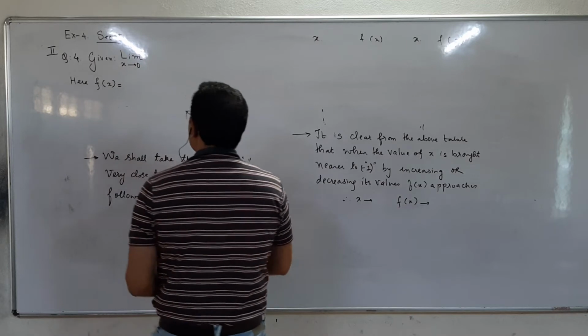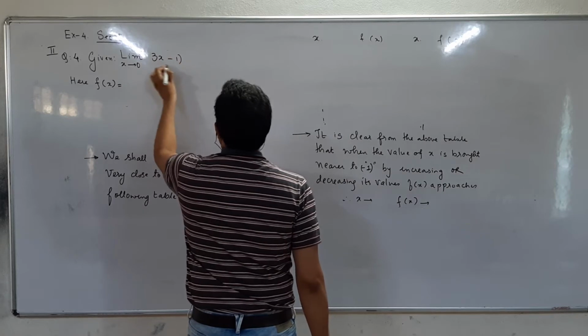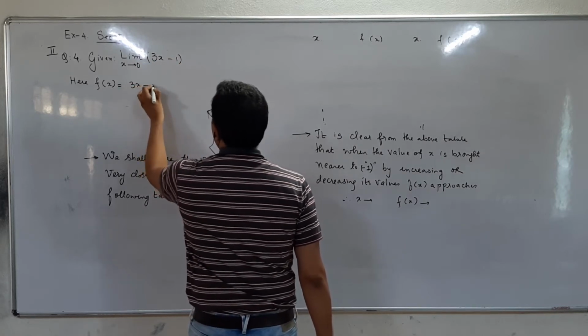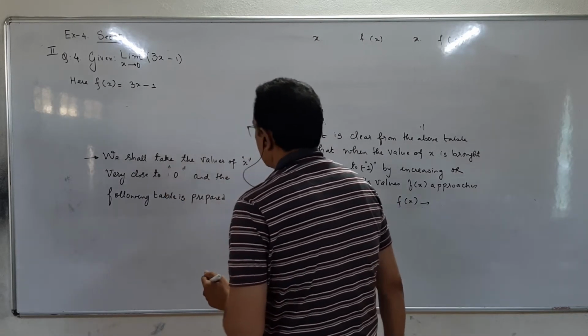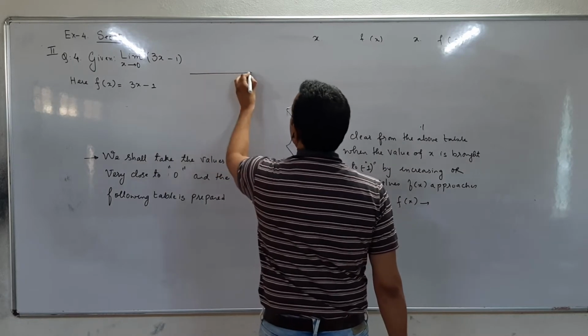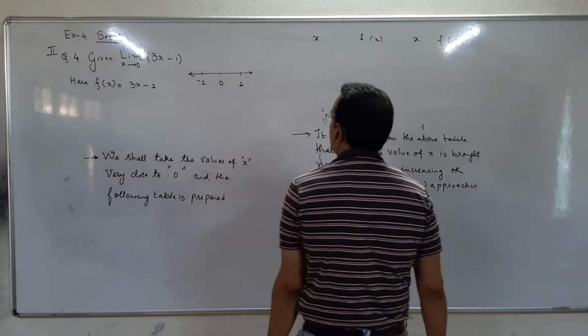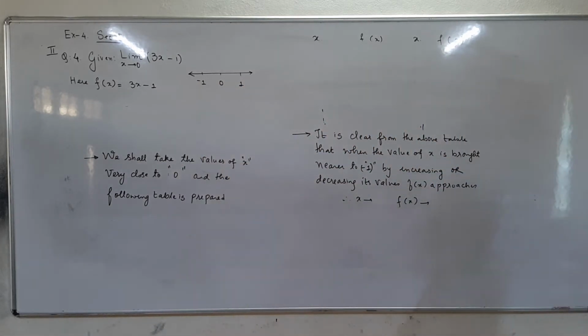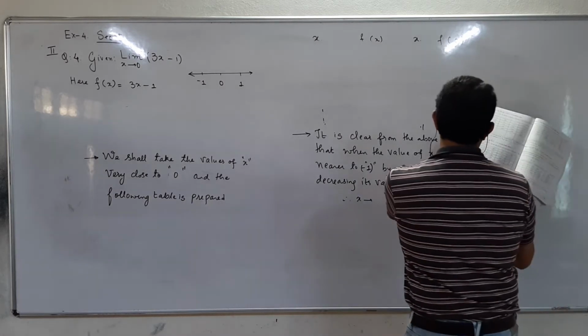Limit x tends to 0 of 3x minus 1. So f of x is 3x minus 1. We shall take the values of x close to 0 and the following table is prepared. Say this is 0, left side will be minus 1, right side will be plus 1. So, pay attention. If I shift 0.1 to the left, it will be minus 0.1.